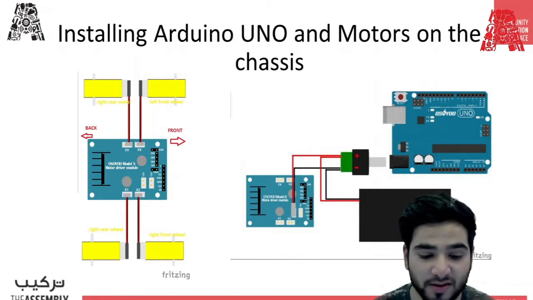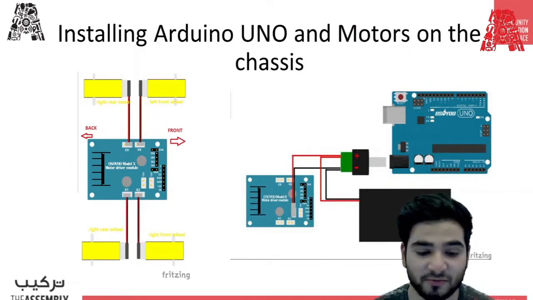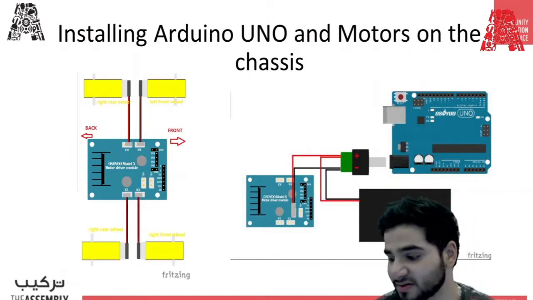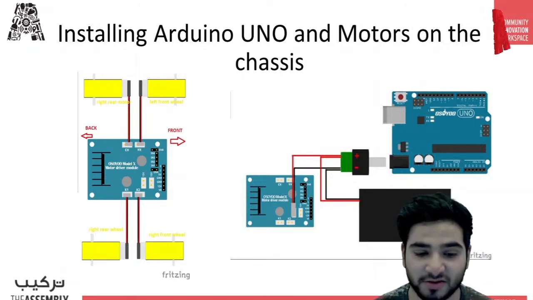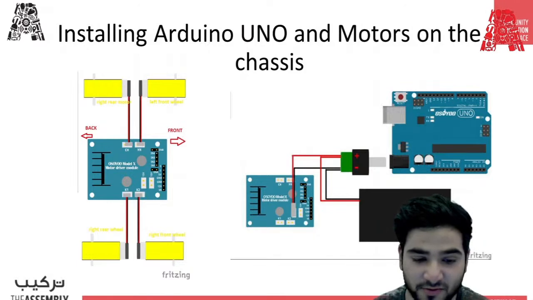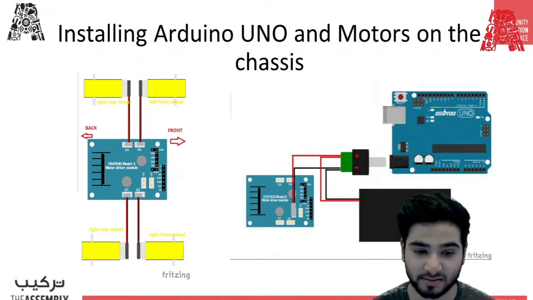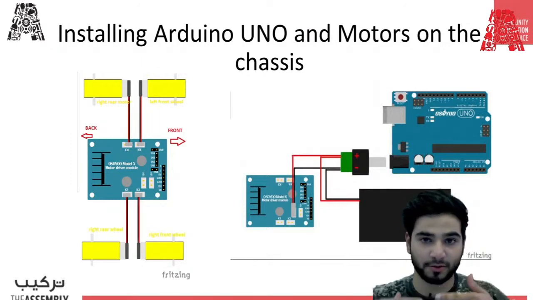So the bottom right is connected to the bottom right part. It's basically the motor which is in front of it, like it's aligned, so the connections for the motors are very easy with the motor driver. You just have to plug it in wherever the motor is placed. Just make sure that the motors are connected on the opposite sides.